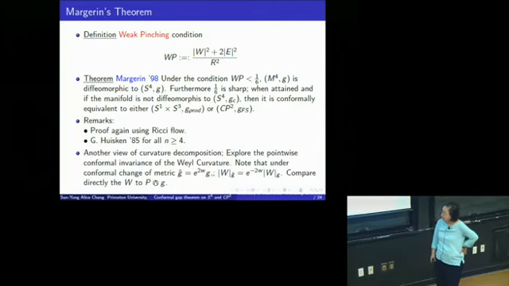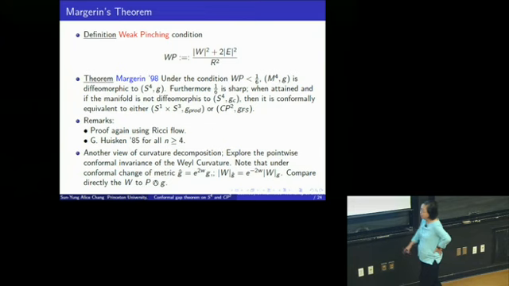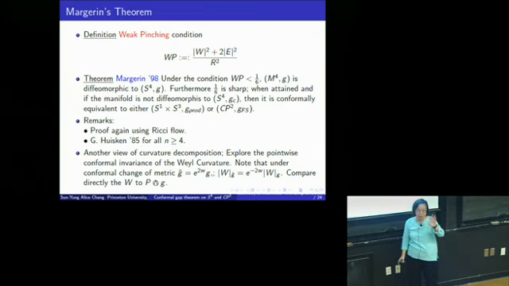And now, the point of view we are taking: if we look at, again, this curvature decomposition into Weyl part, traceless Ricci part, and scalar part, the Weyl curvature has one special good property, that it is almost pointwise conformally invariant.